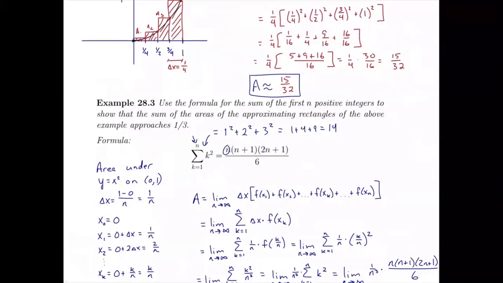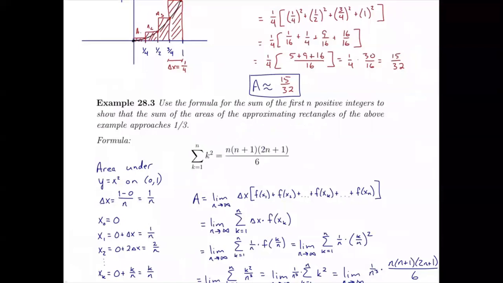Divide by 6: 84 divided by 6 is 14. So you see that this formula actually does work. So just an interesting sort of diversion, but it's going to be very useful for our purposes here in a moment.